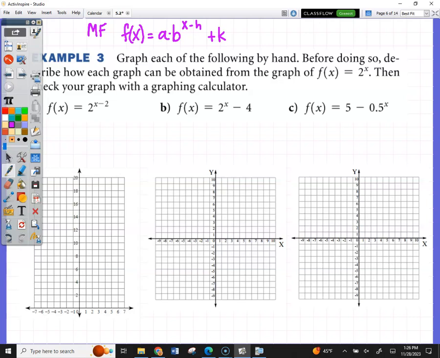All right, so keeping that in mind, look at this: 2 to the x. 2 to the x is like the mother function, and then you have up in the exponent's place -2. So what's it doing?